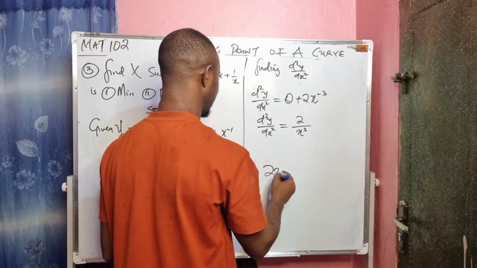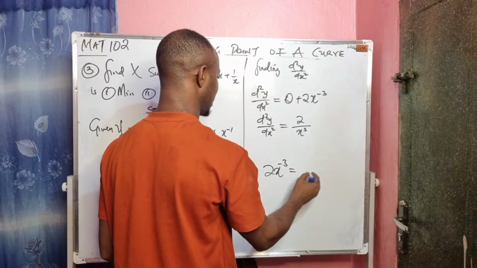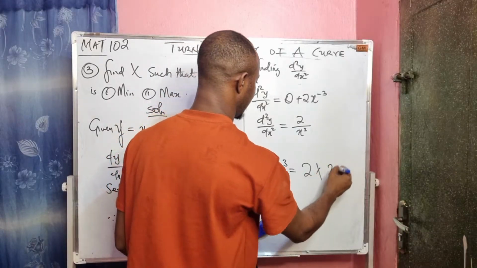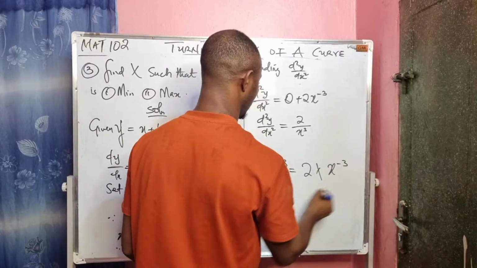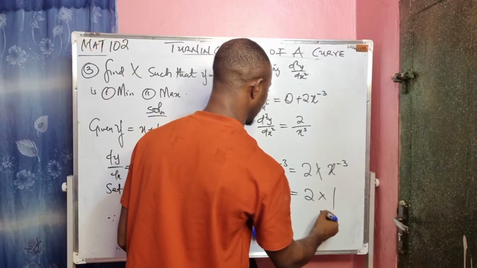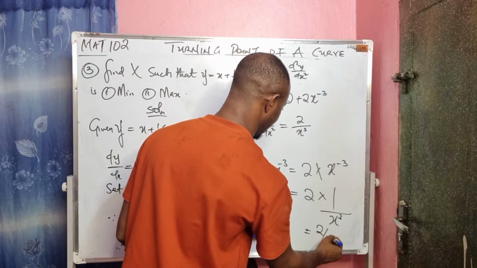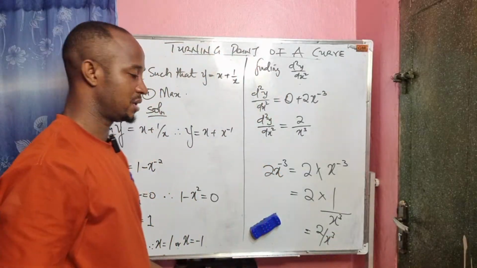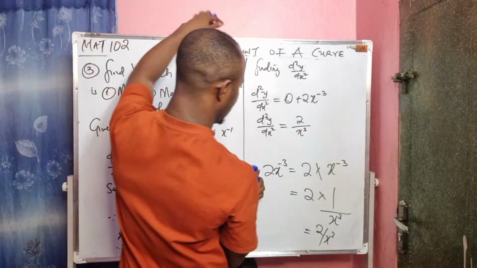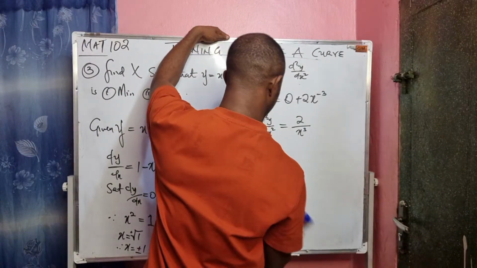If I have 2x to the power of minus 3, this is same as 2 times x to the power of minus 3, which is same as 2 times 1 over x to the power of 3, which is same as 2 over x to the power of 3. I hope you all understand how we got this so that you will not be confused.